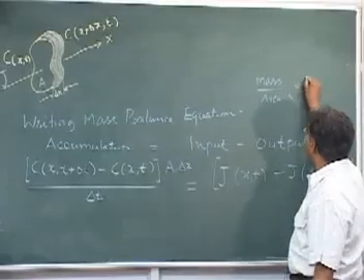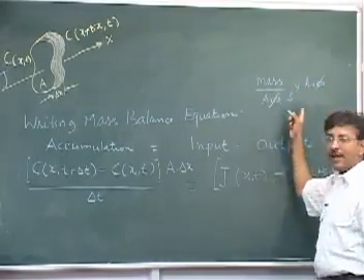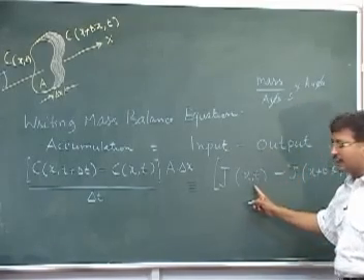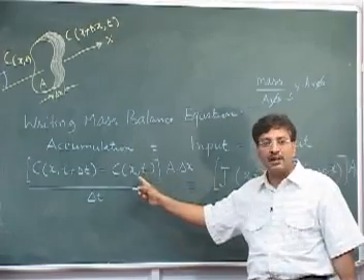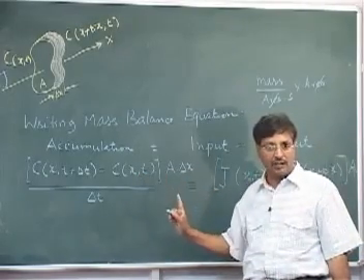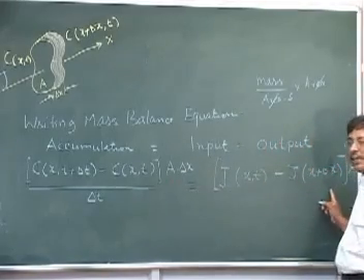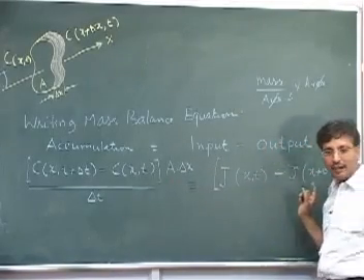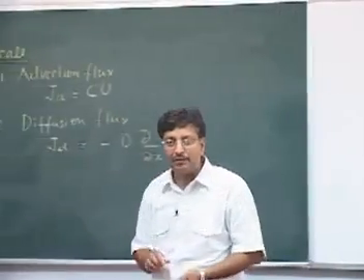If I multiply by this area, I get mass per second. Mass per second in, mass per second out is mass per second accumulated. Is that right? All in agreement with me?